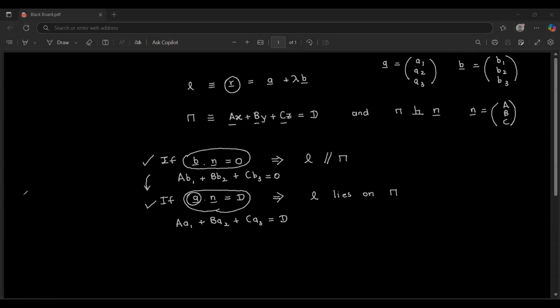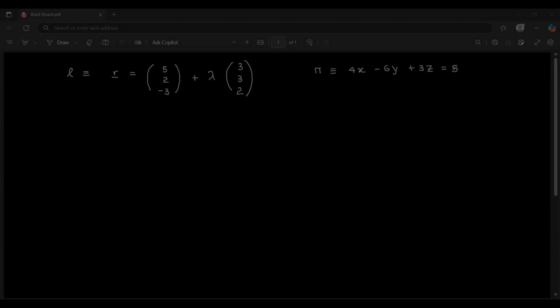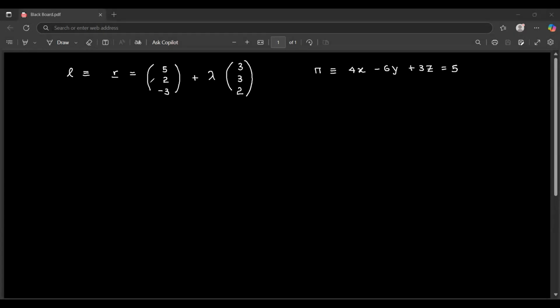Okay, let's do some practice questions. In this question, they are telling us that L is given by this vector equation and pi is given by this Cartesian equation. What we have to find is whether line L is parallel to the plane or not. If it is parallel, we have to see whether it lies on the plane.